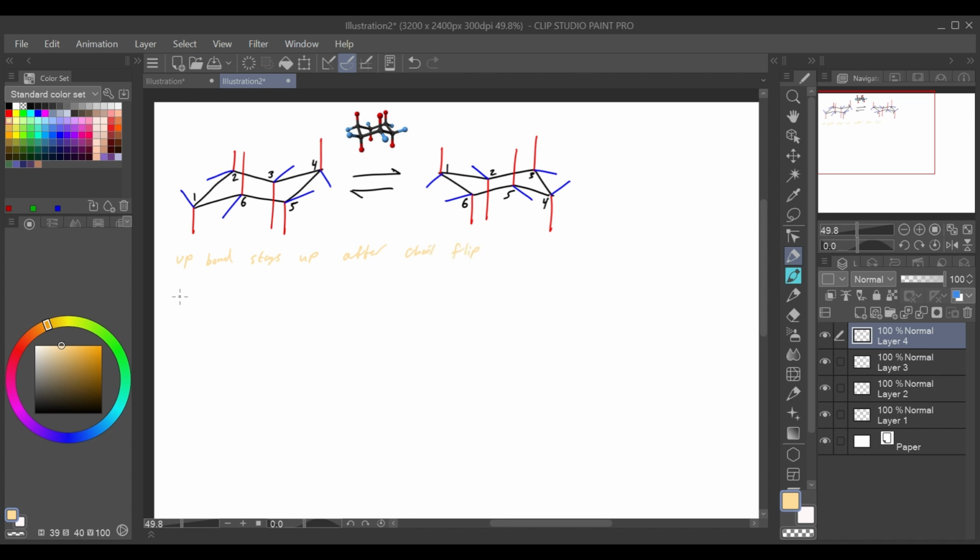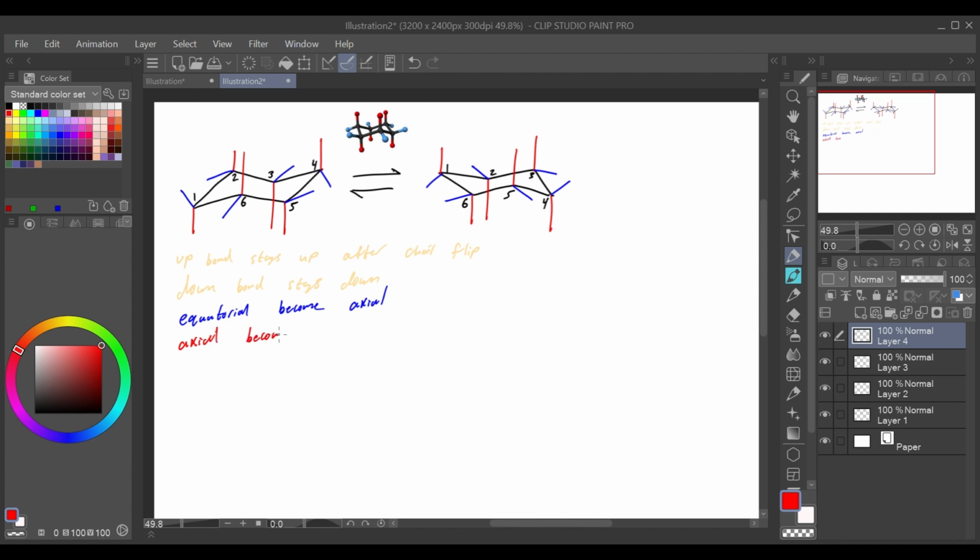And then as for the bonds, all the bonds that are pointing up must still be pointing up. I only color code axial and equatorial, so maybe it's a little confusing. But every up bond stays pointing up, every down bond stays pointing down. The only thing that happens is your equatorial position will become axial, and your axial position will become equatorial.